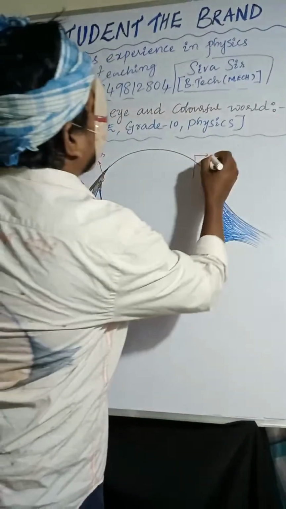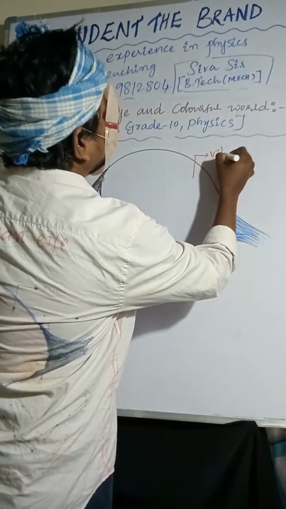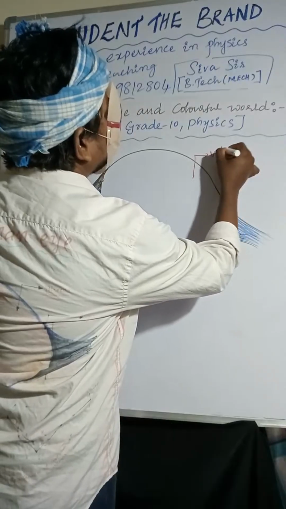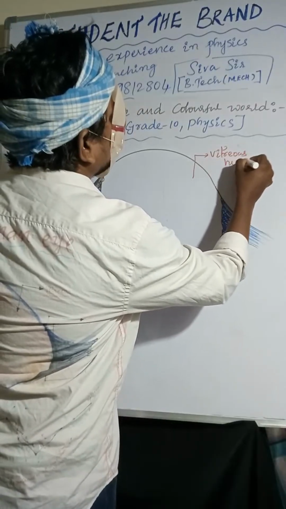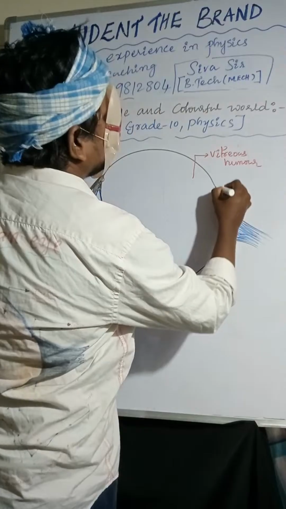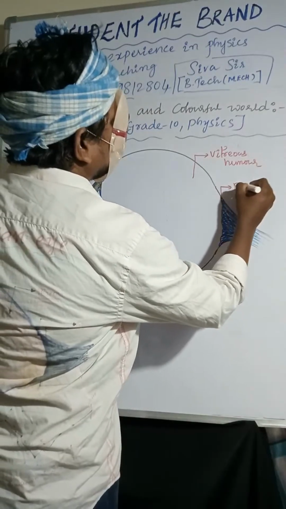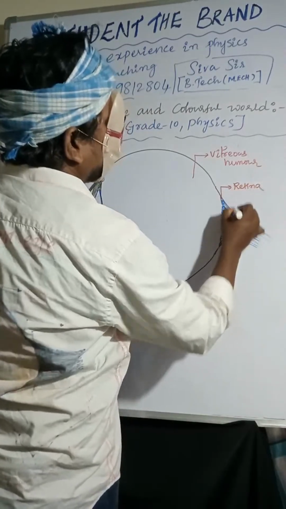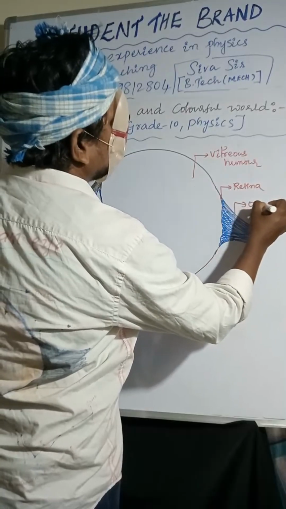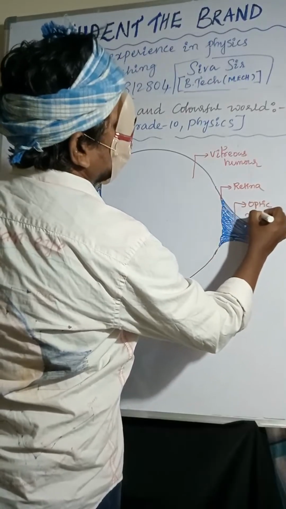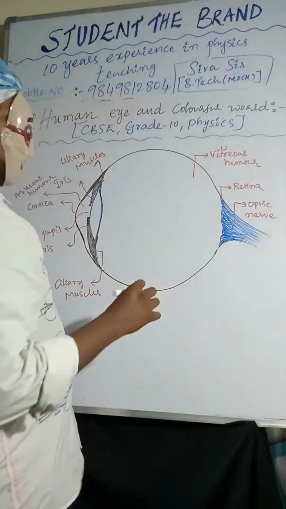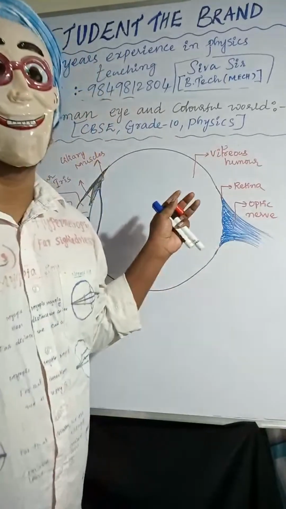This portion is called the vitreous humor. And retina. Optic nerve. So this is about human eye parts and function.